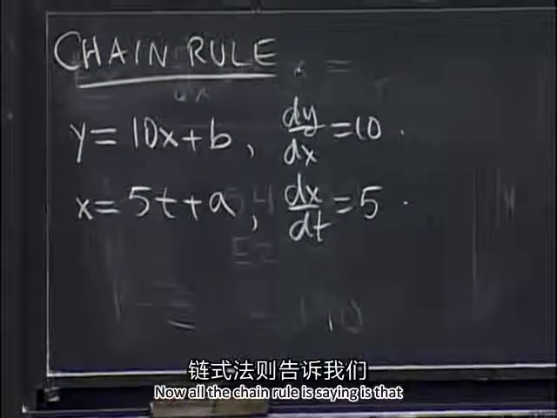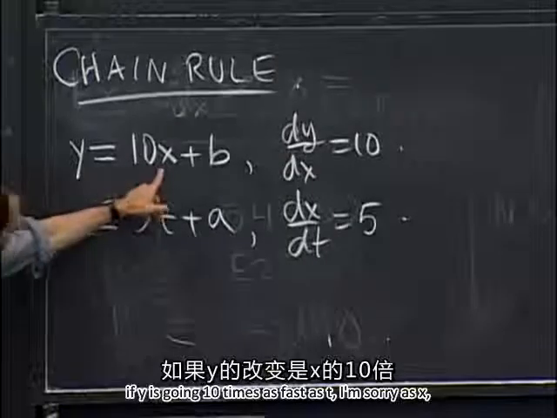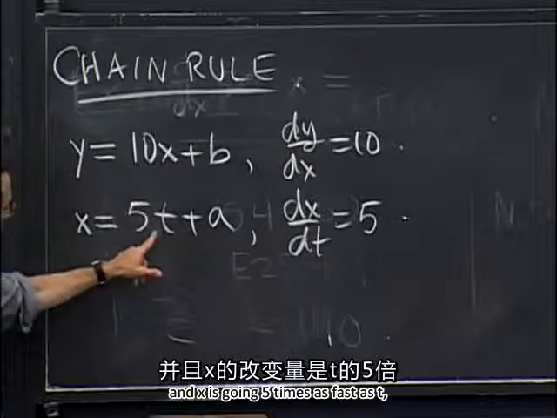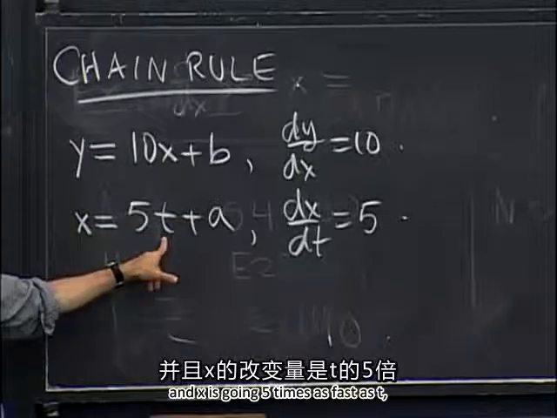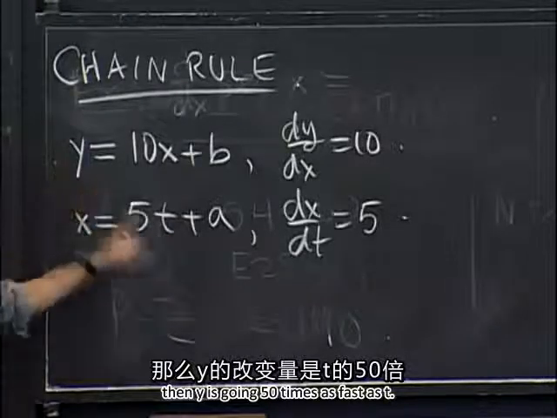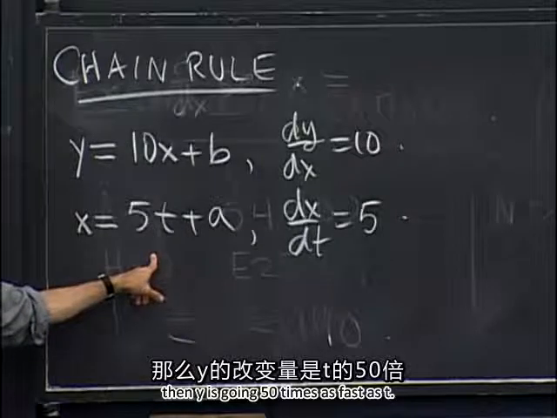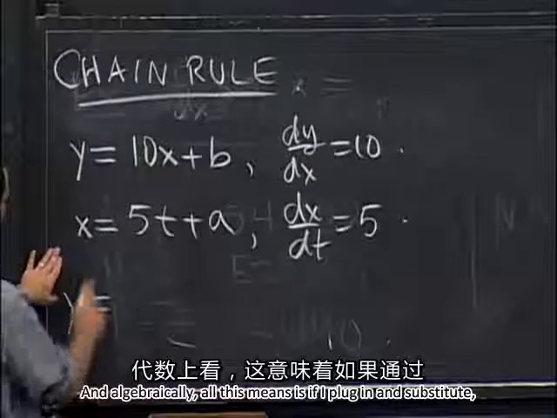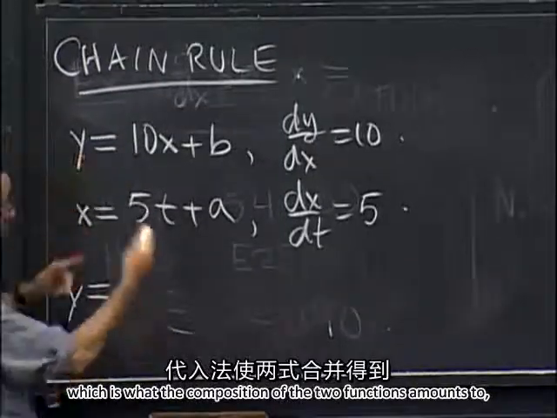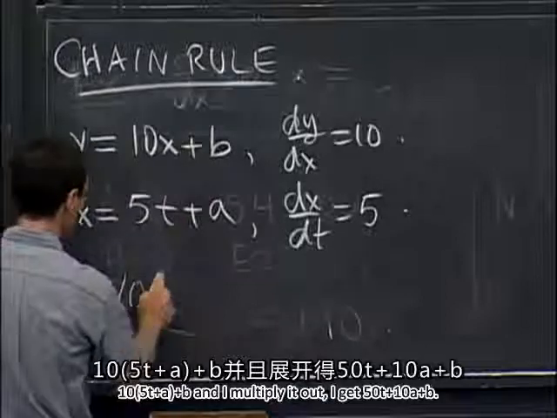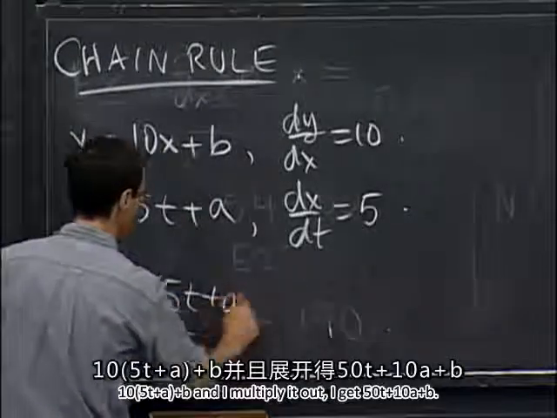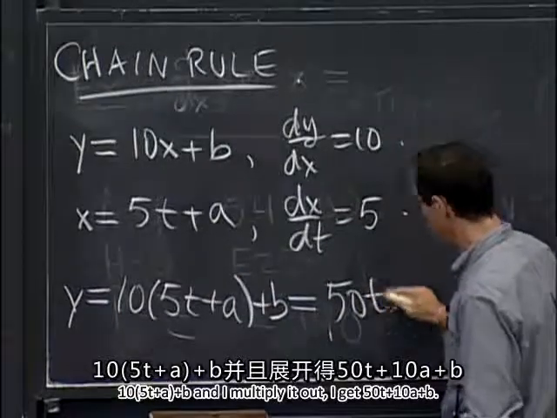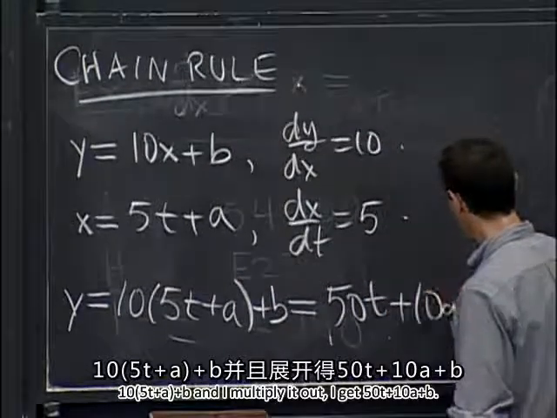Now all the chain rule is saying is that if y is going 10 times as fast as x, and x is going 5 times as fast as t, then y is going 50 times as fast as t. And algebraically, all this means is if I plug in and substitute, which is what the composition of the two functions amounts to, 10 times 5t plus a plus b, and I multiply it out, I get 50t plus 10a plus b.